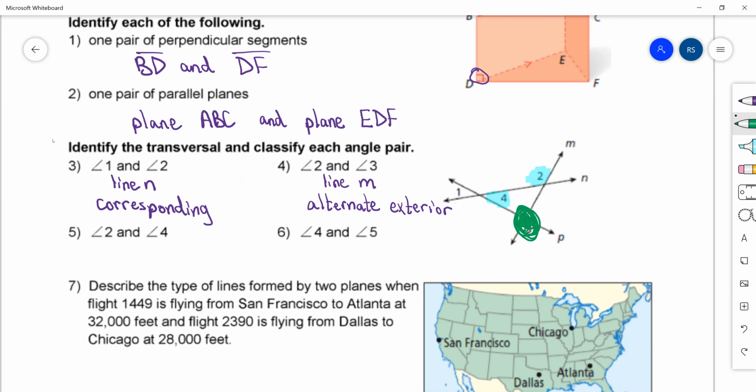Line N. Now, if we look at 2 and 4, they're on opposite sides, so it's alternate something.